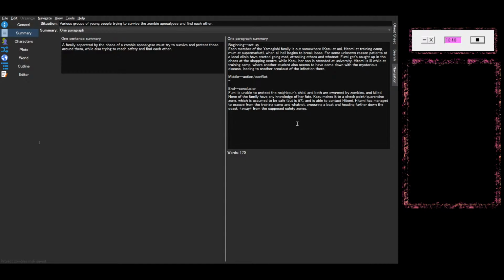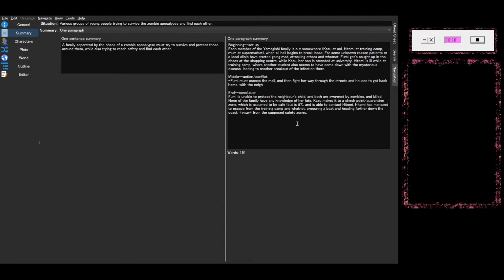First is going to be the mother, so she's going to be, let's see, what shall they come up against?